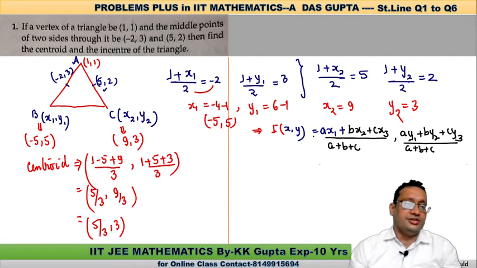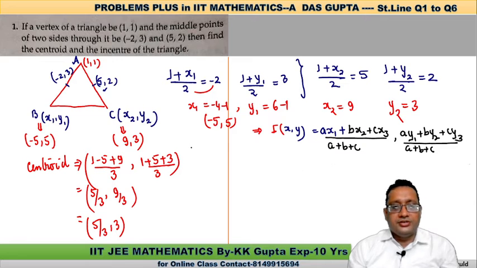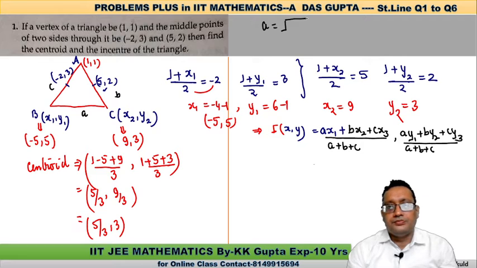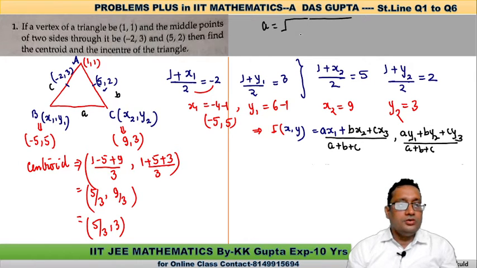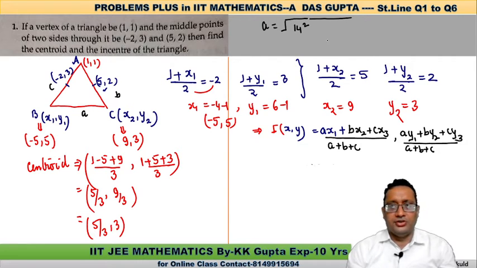Let's find the lengths. BC length, this is A, this is B, and this is C. So A will be equal to the square root of (9 minus 5, this is 14) whole square plus (5 minus 3) whole square, that is 2 square. 196 plus 4 is 200, so 10 root 2.